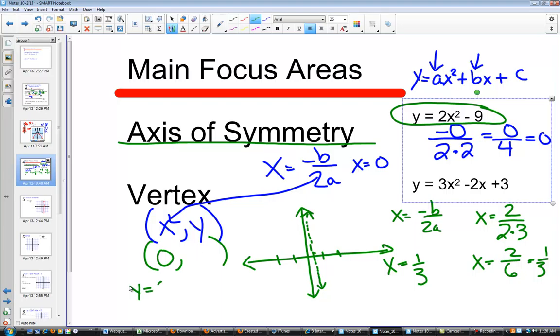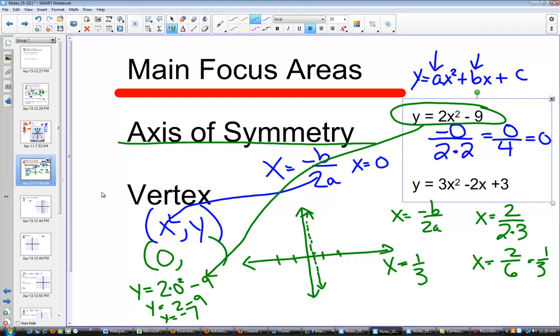All you need to do is take this equation, plug in 0, and I'm plugging in the x value to find the y value. So I have 2 minus 9 equals y. When x is 0, y is going to be negative 7.